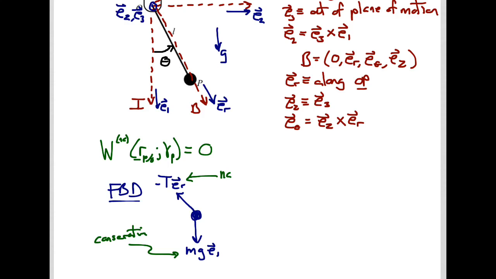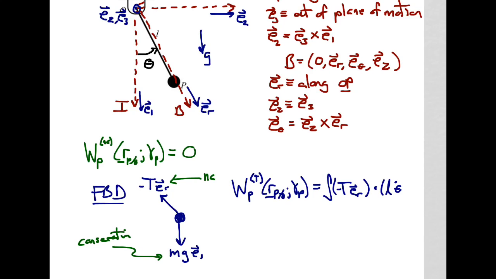So we need to calculate the work done by the constraint force T and see if that's equal to 0. The work on the particle done by the force T, on P with respect to O, along the path, is equal to the integral of the force, which is negative T in the ER direction, dotted with the velocity, L theta dot, in the E theta direction, dt.